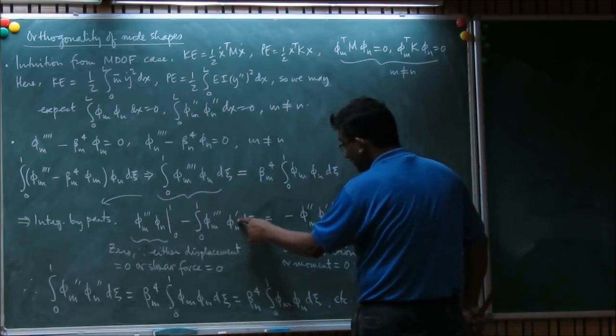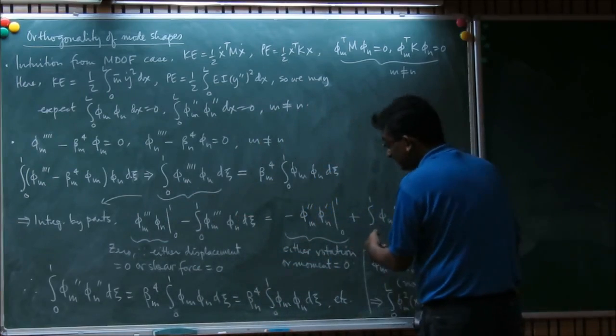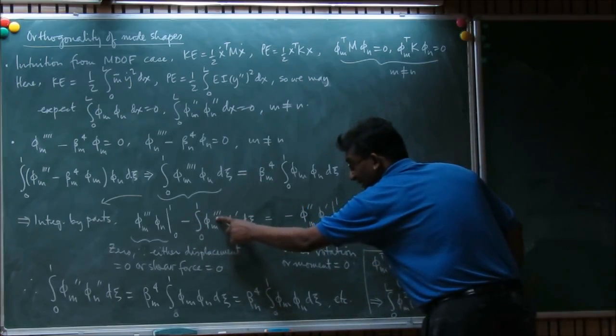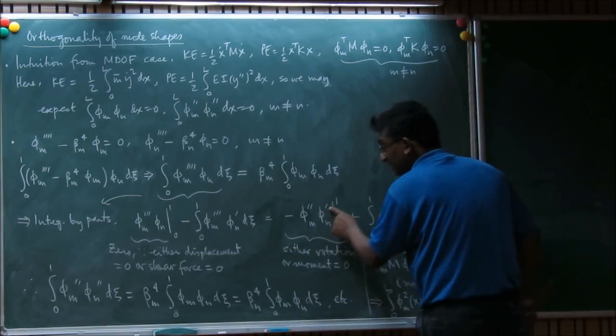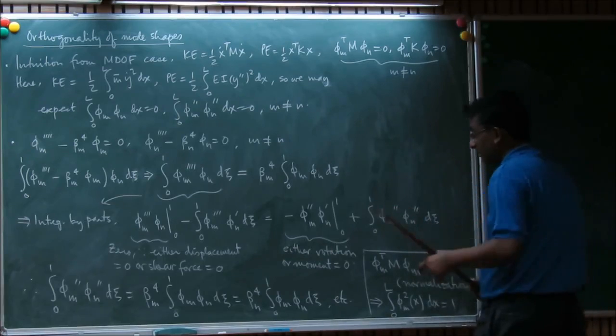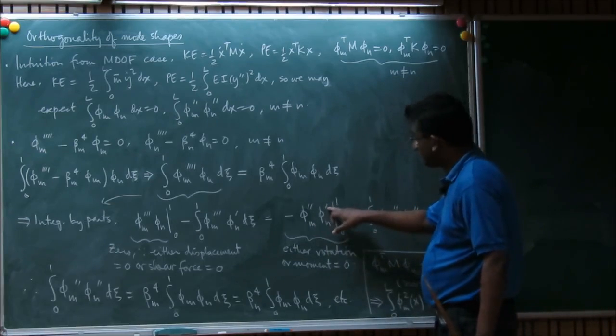So now we have this integral, we come here, integration by parts again, and what happens is this negative, then this one integrated phi double prime and phi prime, and then plus phi m double prime, phi n double prime. Now we look here, this is a moment and this is a rotation.